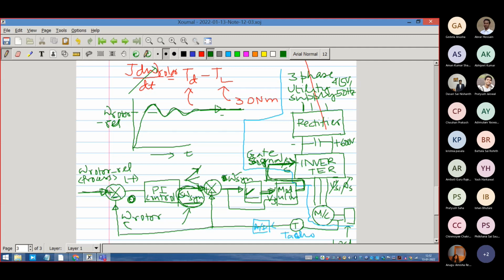You produce an error, and the error will make sure that you go in the right direction. Right direction means if your torque production is less, you will increase the slip speed. If the torque production is more, you will reduce the slip speed. That is the right direction, and that reflects into the rotor speed.